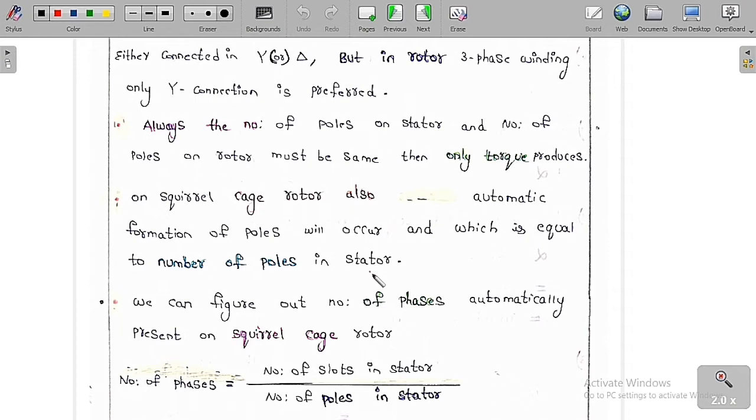So by nature itself, by God's grace, the number of poles on the rotor will always be equal to the number of poles on the stator. But for the slip ring induction motor, we have to make the number of poles on the rotor equal to the number of poles on the stator.